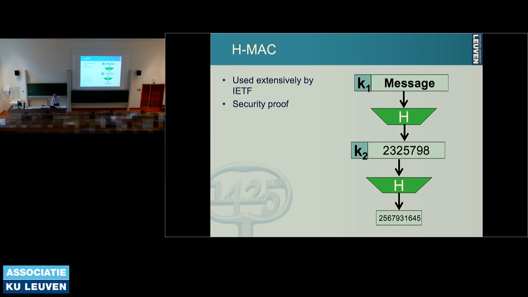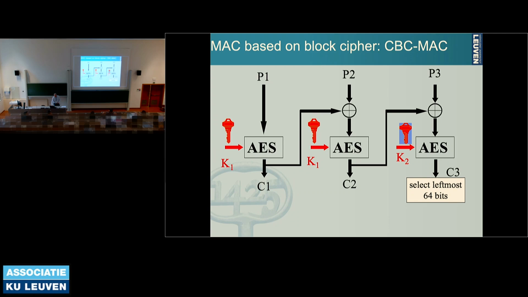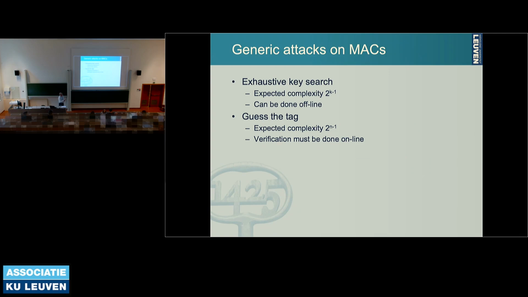Yeah? Sorry, maybe I missed it, but why do you throw away half of the output of the CMAC? Ah, here. Yeah, so if you output less here, I'm going a bit fast because I don't want to stand between you and the lunch, but it's to counter this attack that I said, the key guessing attack here, that you can do offline.